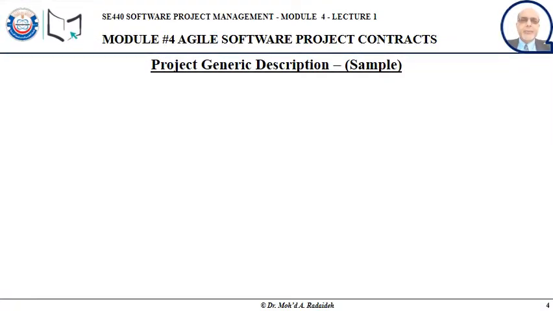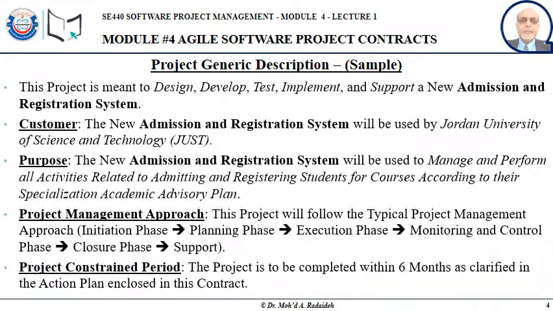Okay, this slide provides a sample project description. As you see, it starts with a simple statement. This project is meant to design, develop, test, implement, and support a new admission and registration system. For whom?